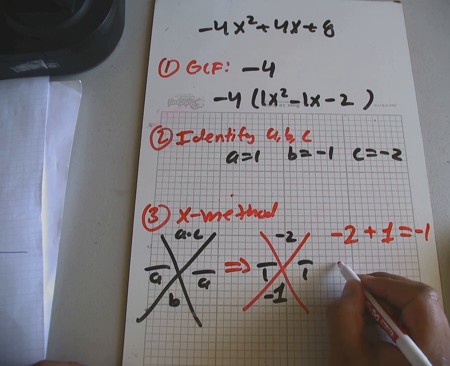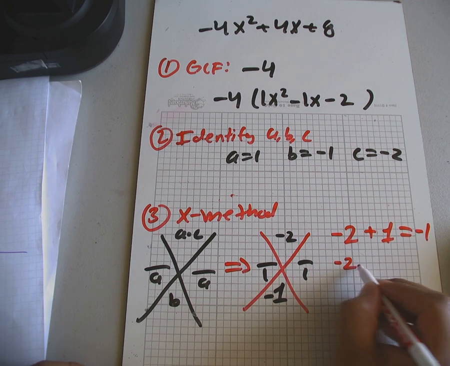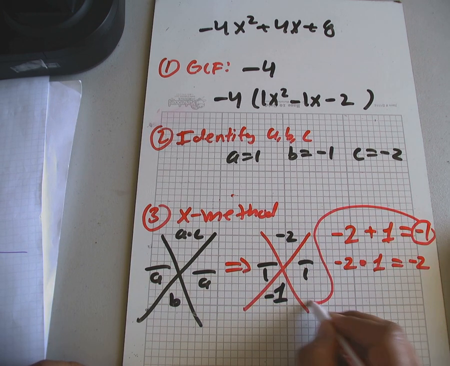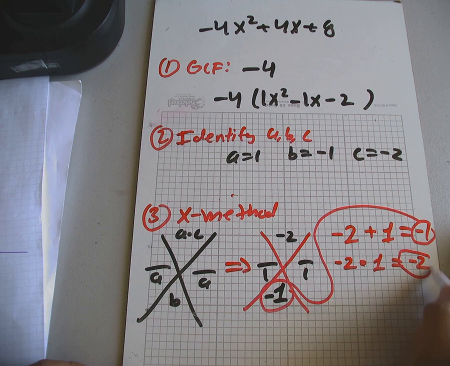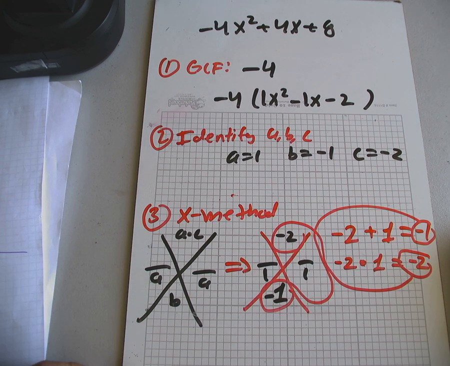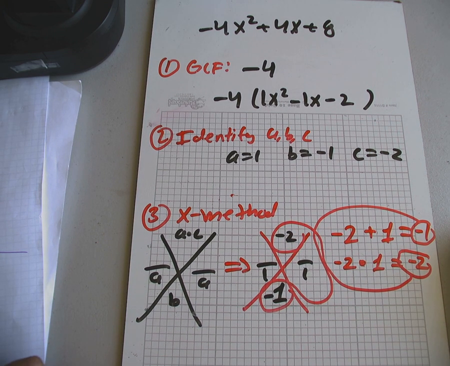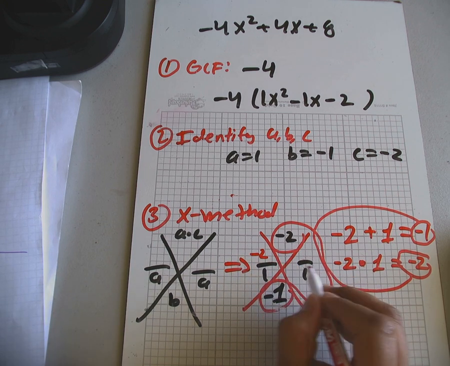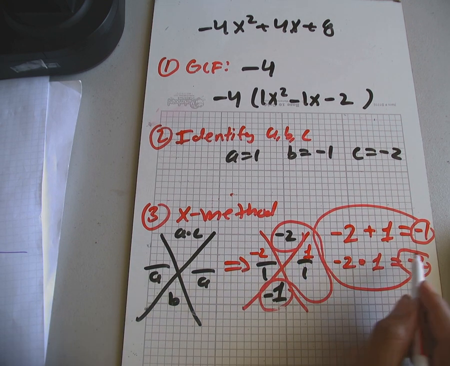And -2 times 1 equals -2. So this one is for this one, and this one is for that one, right? When I multiply. So the answer is -2 and 1. Right here on my X, I know it's kind of messy, I'm sorry, is -2 and 1. These two are my numbers, right?